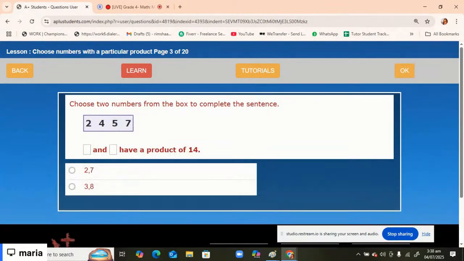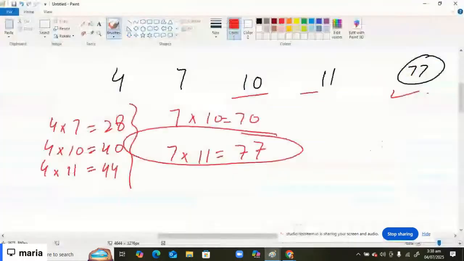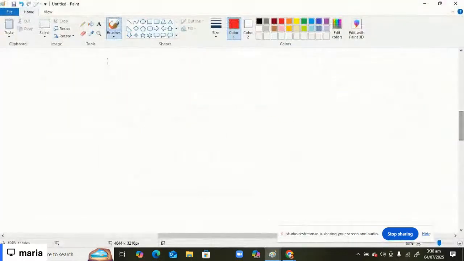Now choose two numbers from the box to complete the sentence. 2, 4, 5, 7. Now we want to make 14. First of all, multiply 2 with all the digits one by one.